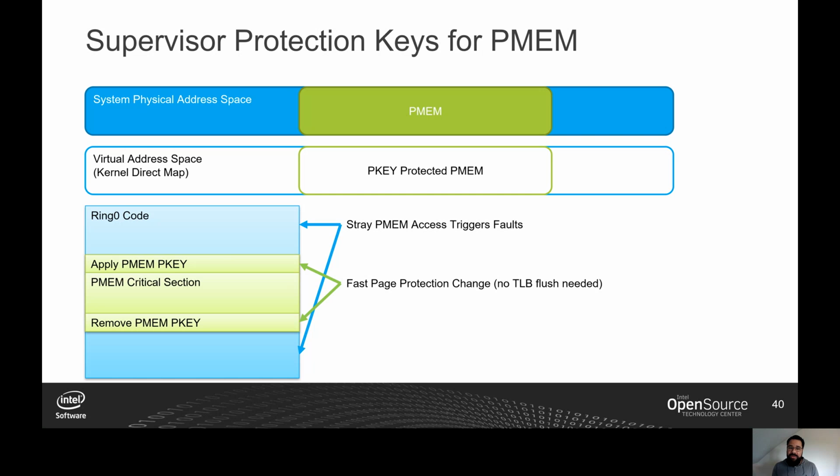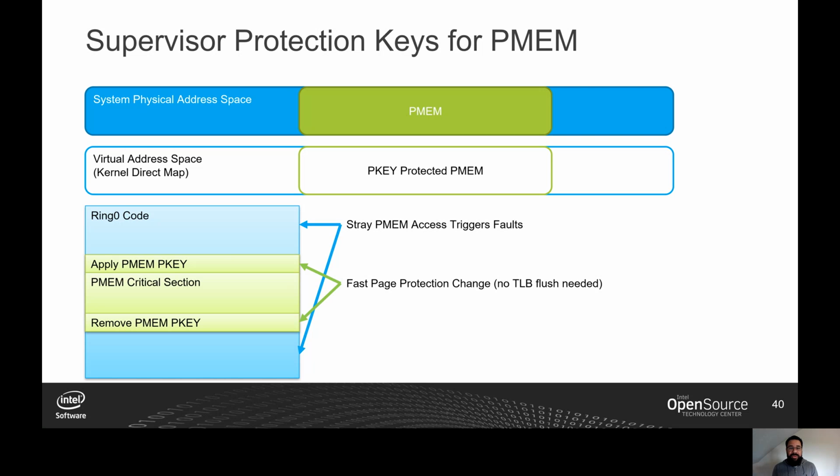And so a quick overview of what protection keys are. Take the hardware physical address space at the top, where PMEM is a part of that address space. The kernel direct maps the linear address space across all of memory, host memory, and PMEM is a part of that.